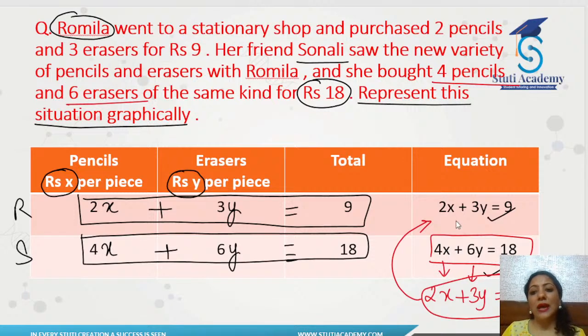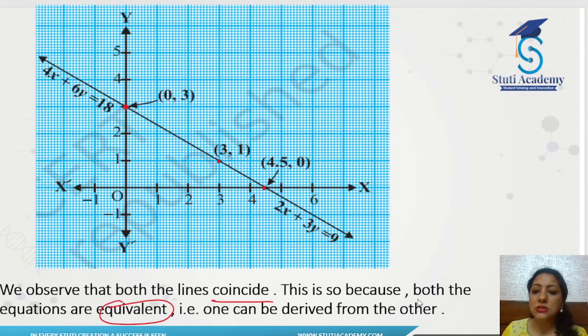So I have actually derived this equation from the second one. So that is why we are saying that both the equations are equivalent. That is, one can be derived from the other. So this is the case of infinite solutions where the lines coincide. I hope children you've all understood this.